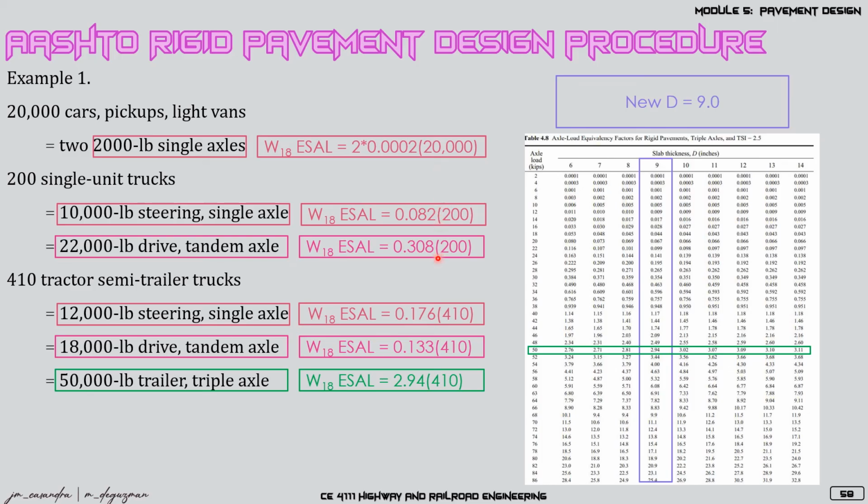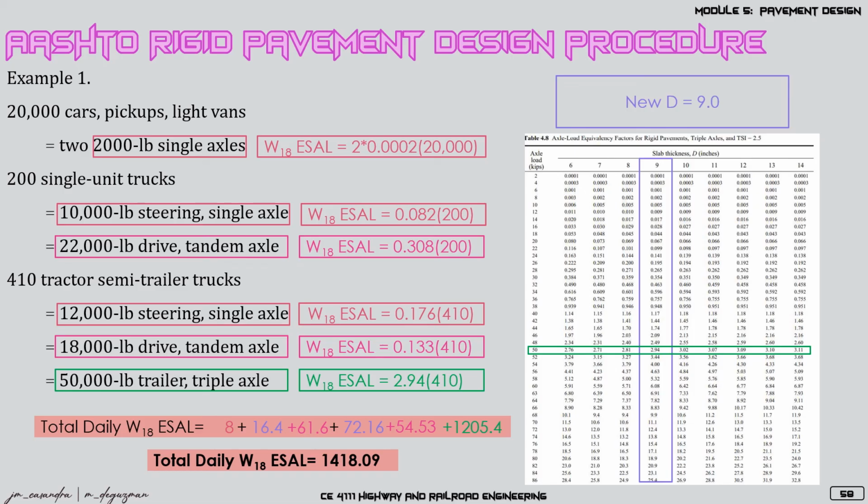So solving these equivalent values and adding them up, we get the total daily weight of 18 kips equivalent single axle load as 8 plus 16.4 plus 61.6 plus 72.16 plus 54.53 plus 1205.4, which is totaling to 1418.09.